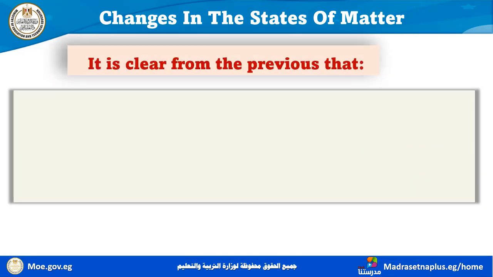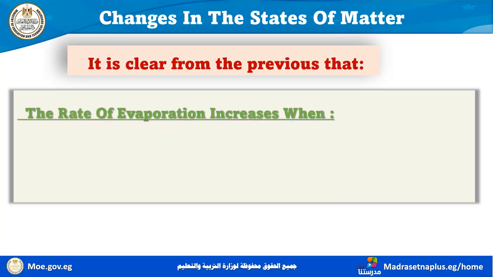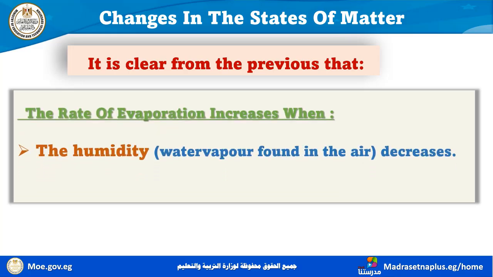Also, from our previous experiment, the rate of evaporation increases when the humidity decreases. So if we have dry weather, the rate of evaporation will increase, and if we have high humidity or wet weather, the rate of evaporation will decrease. And of course, we have explained that humidity means the concentration of water vapor in the air.